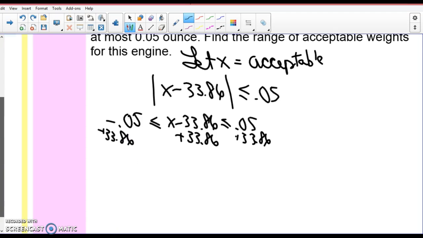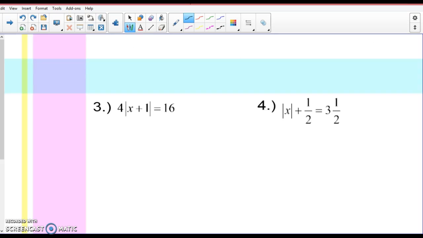So I'm going to have 33.81 there's my acceptable range. Again, I really could just add or subtract.